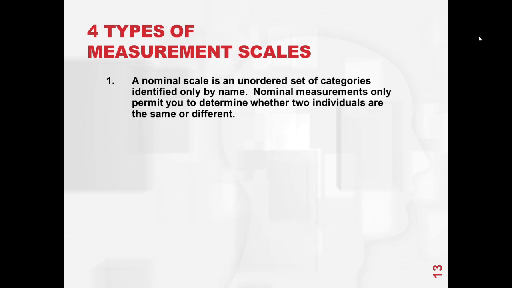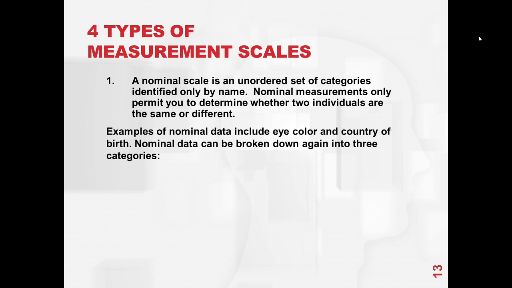1. A nominal scale is an unordered set of categories identified only by name. Nominal measurements only permit you to determine whether 2 individuals are the same or different. For example, nominal data includes eye color and country of birth. Nominal data can be broken down again into 3 categories.